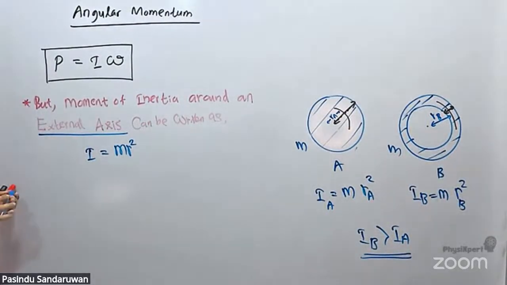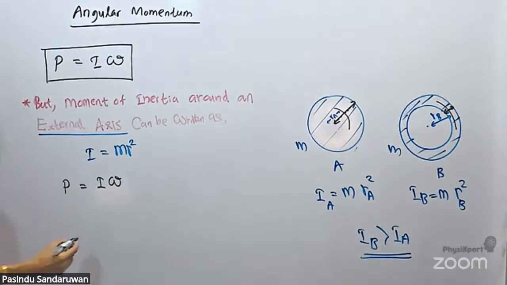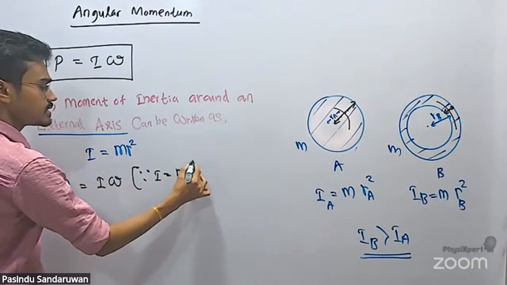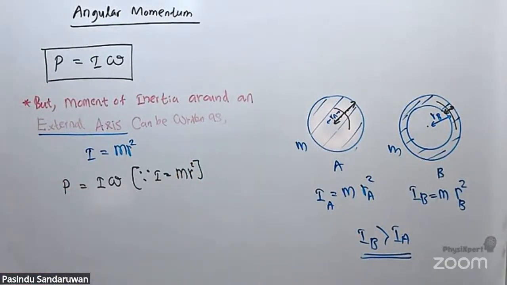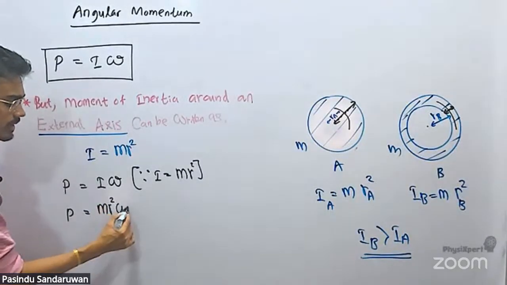Then from above, P equals I omega. But since I equals mr squared, P can be written as mr squared omega.